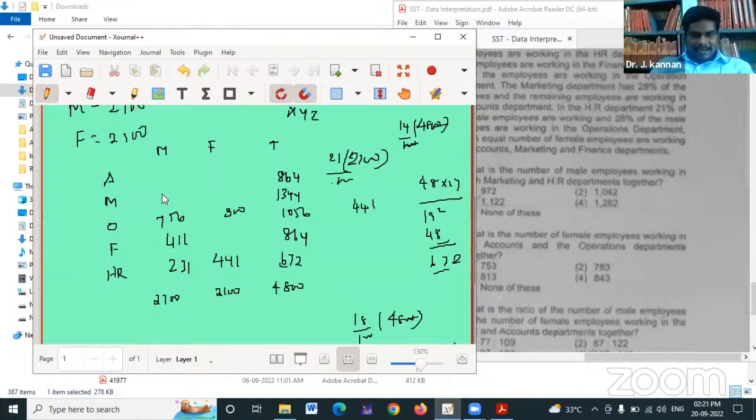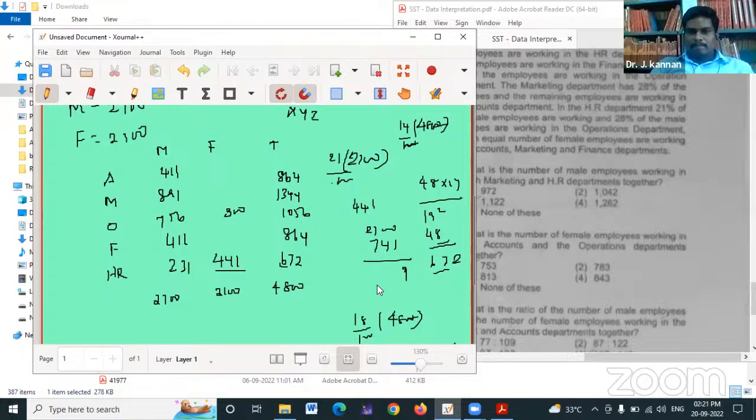Here 891 and 411. The last point is that an equal number of female employees are working in the accounts, marketing, and finance departments. The total is 2,100, but this sum is only 741. The remaining part is 2,100 subtracted by 741.